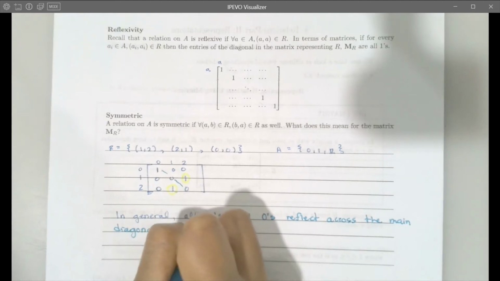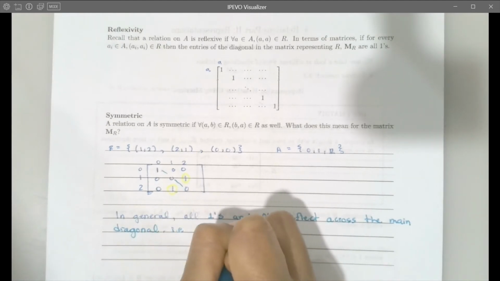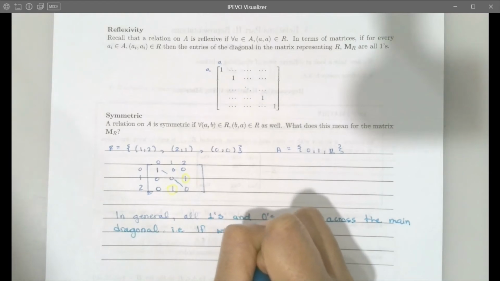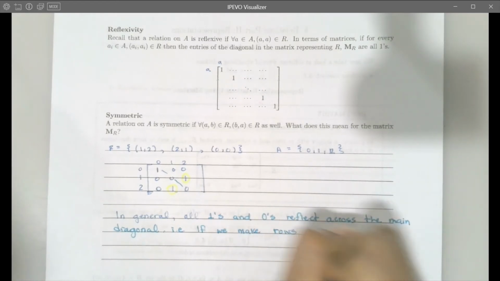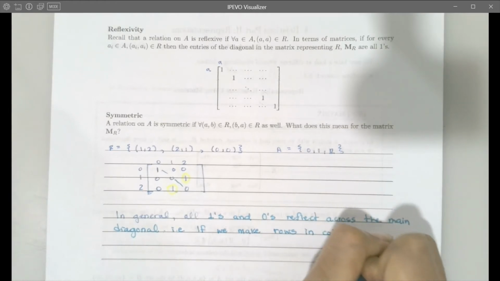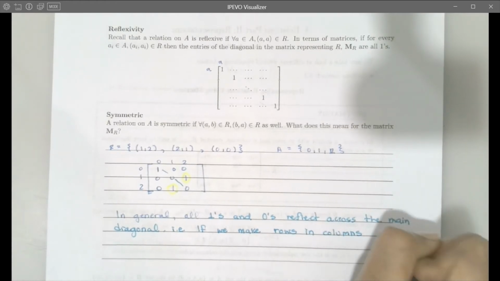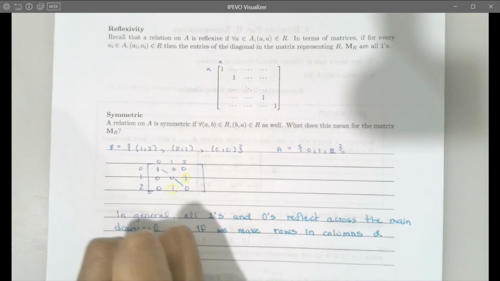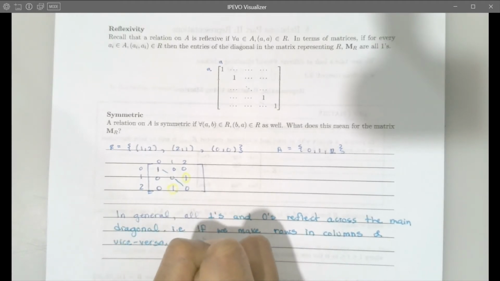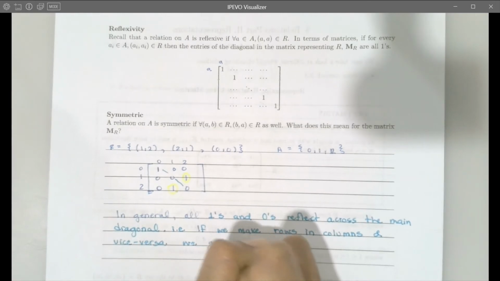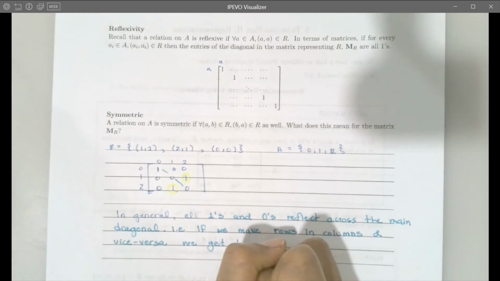So, i.e., if we make rows columns, and vice versa, we get the same matrix.